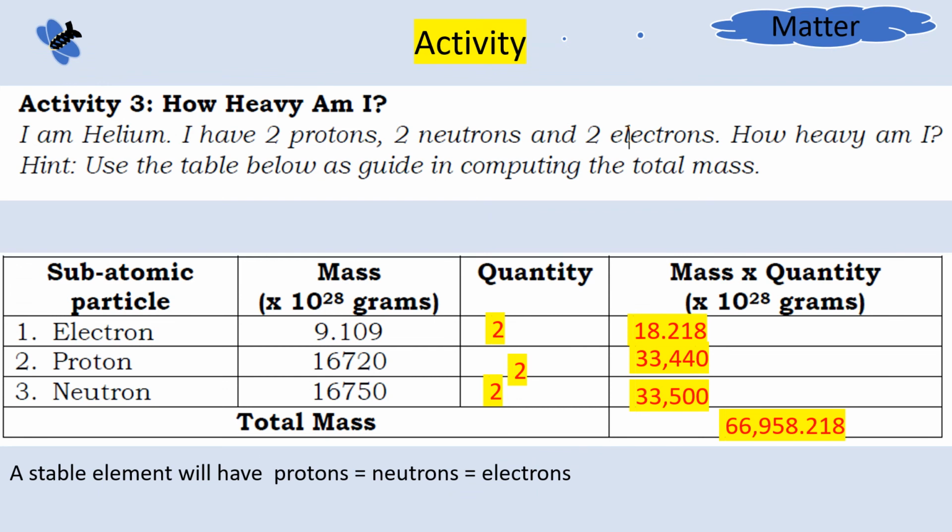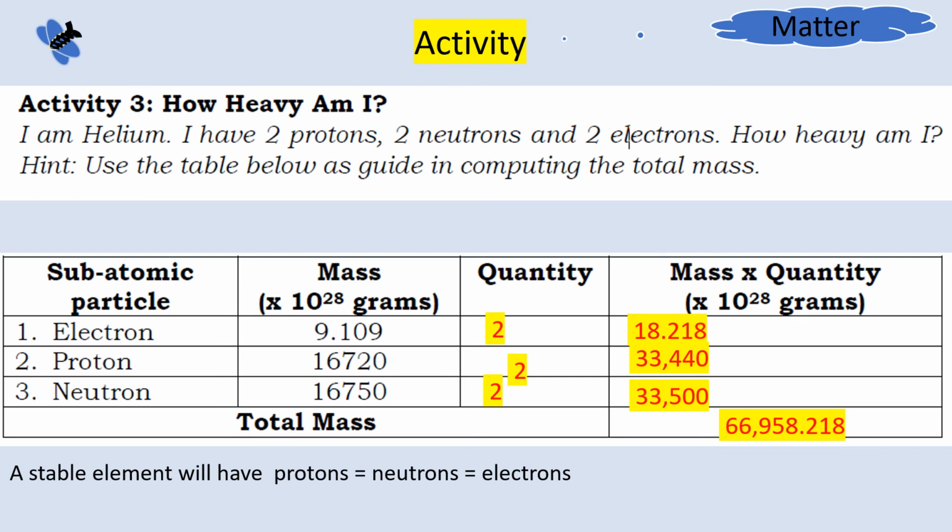Okay, another activity, Activity 3, entitled How Heavy Am I? In this activity, you are asked to add all the masses based on the table below.